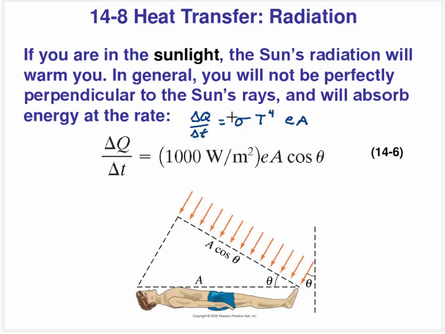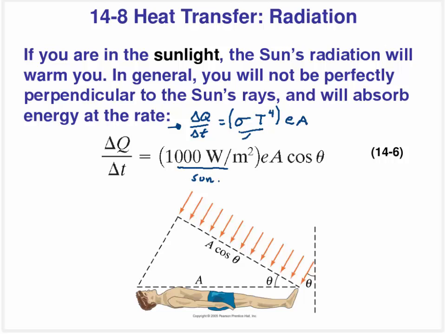So again, taking the beauty out of getting a suntan, suppose I wanted to talk about the rate at which I'm warming up because of the sun. So I've rewritten the equation from the last slide. I've just grouped sigma T to the 4th over here. It's also going to matter whether you're directly parallel or directly perpendicular to the sun's radiation. So for the sun, sigma multiplied by T to the 4th is going to be 1,000 watts per meter squared.